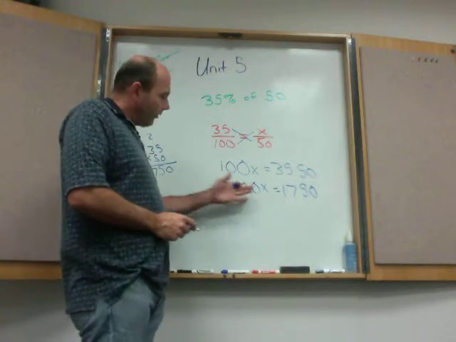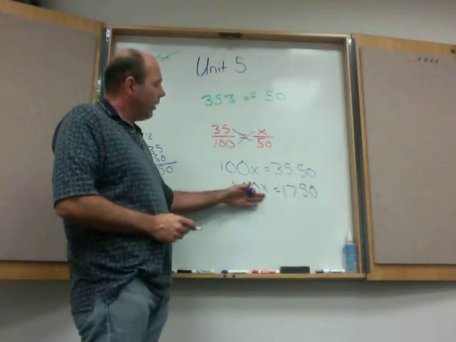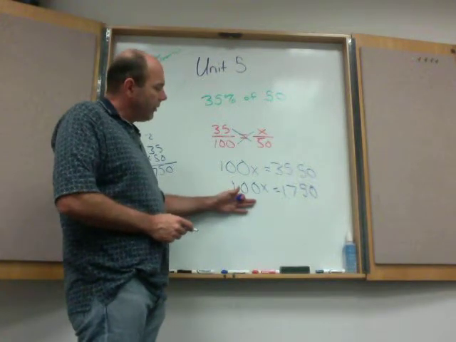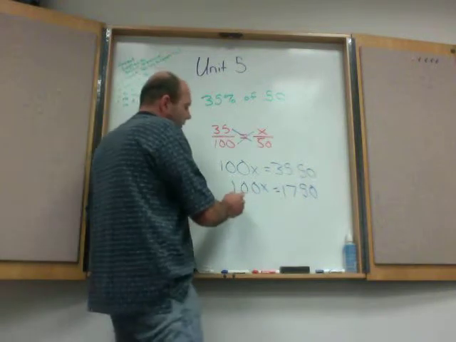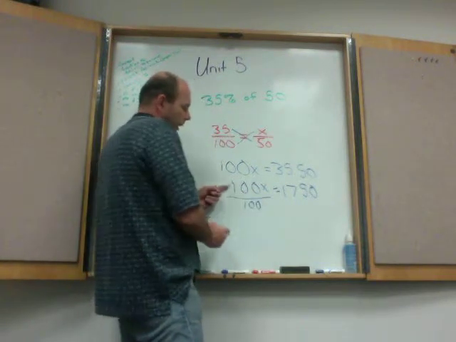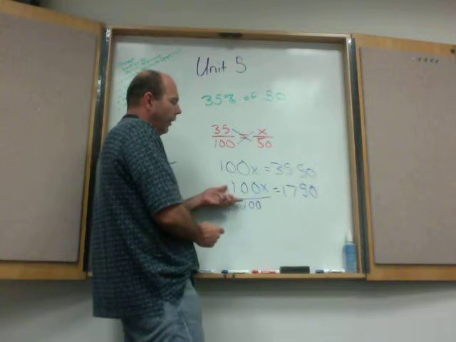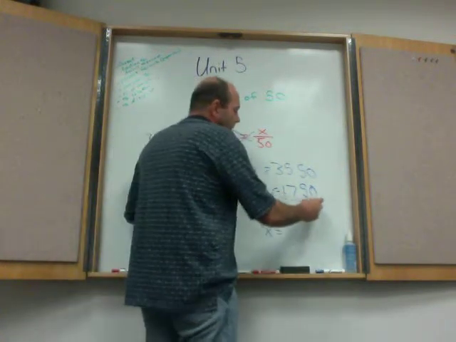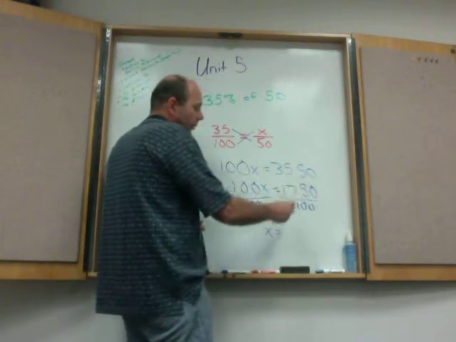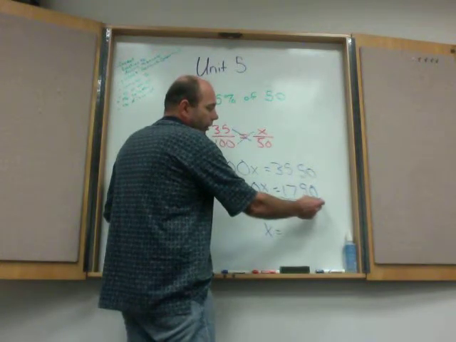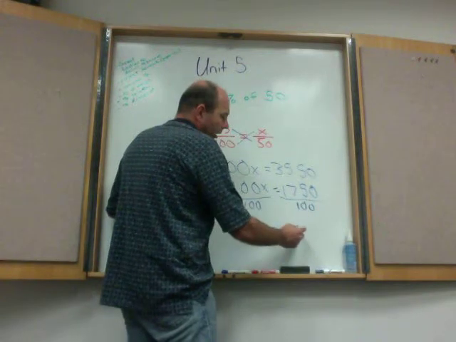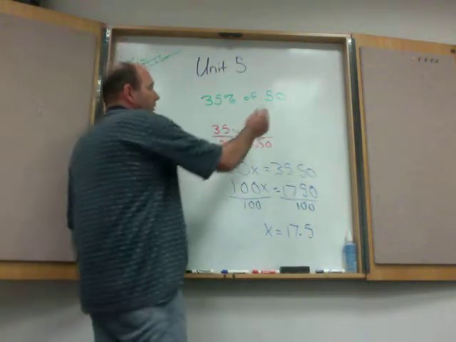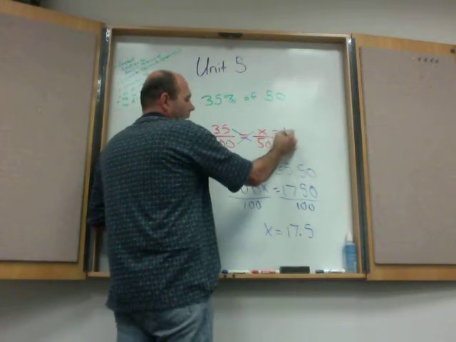At this point, since I'm trying to get x by itself to find out what 35% of 50 is, what I'm going to do is the opposite of multiplying by 100, divide by 100. Again, 100 over 100 is just 1, or 1 times x, so just x. But since I did it to the left side, I have to do it to the right side. Dividing this by 100, remember when you divide by 100, all you have to do is move your decimal point. And I am finding that 17.5 is 35% of 50.